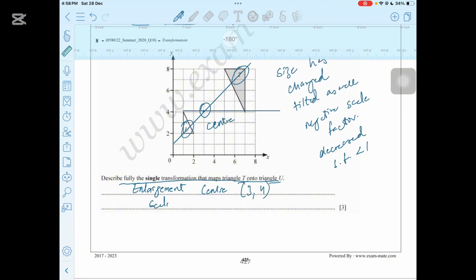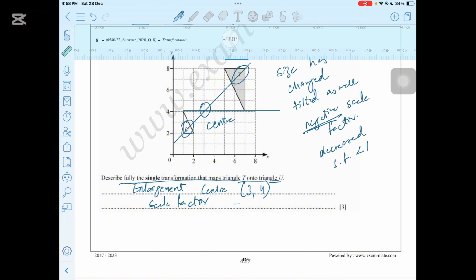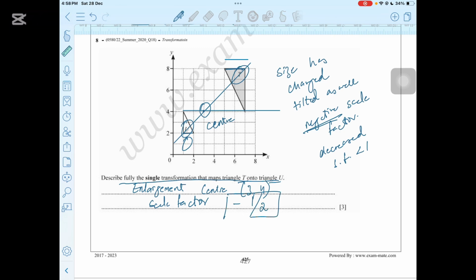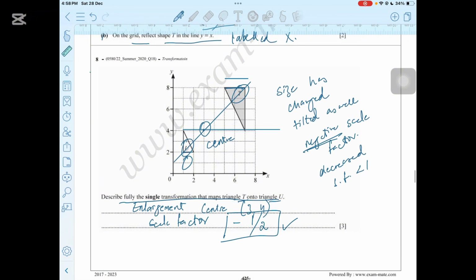We need to calculate the scale factor. This will be negative because we have already identified it, since it has been tilted, or reflected, I would say. So this is 1 and this is 2. This is the object, that is 1, and the image is 2, so the scale factor is -1/2.